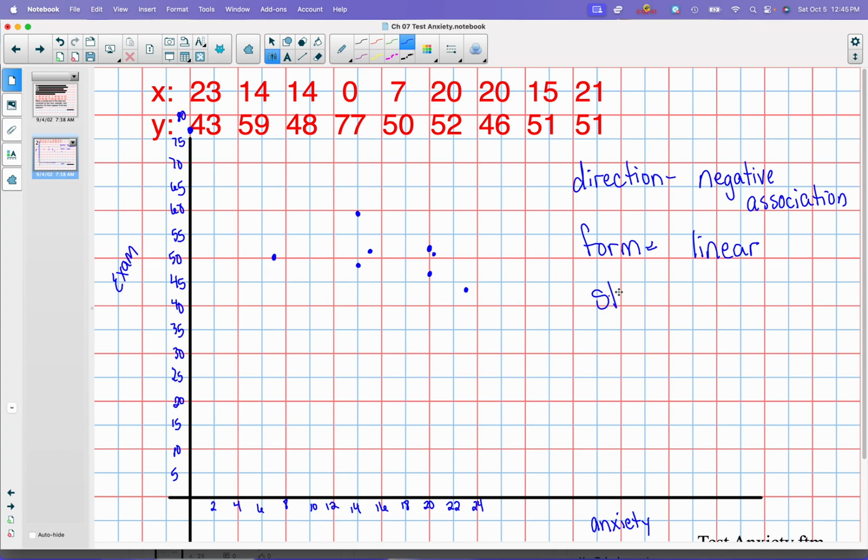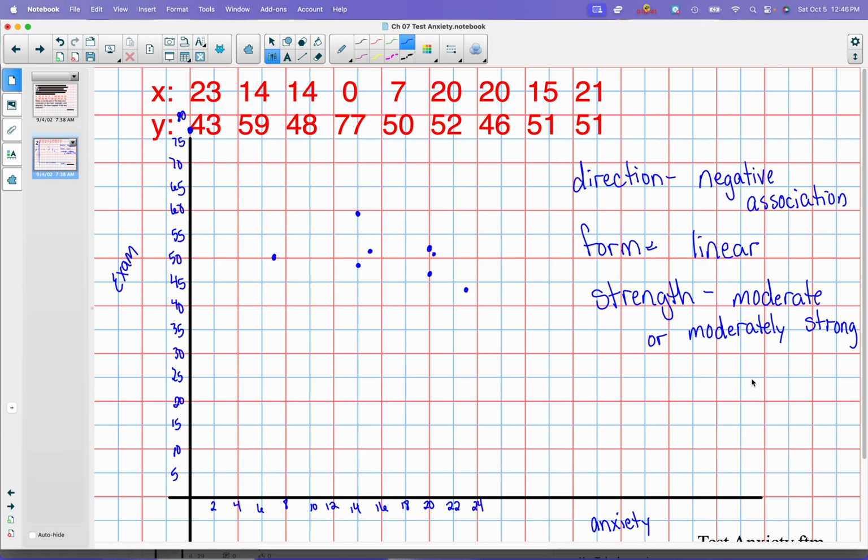And for strength, I'm actually going to call this moderate. Maybe I might even say moderately strong. I wouldn't want to say strong. I'm going to give you a different way shortly of how we can measure that, a numerical value we can get, and how we can talk about how strong that is.